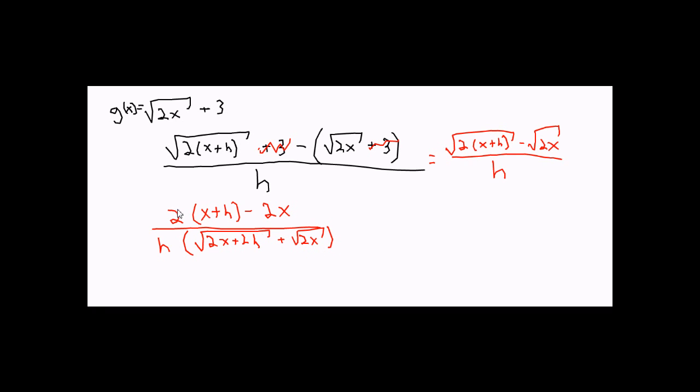And up here, 2x plus 2h minus 2x, the 2x's are going to go away. So really we're left with 2h over h times these square roots, and that's when the h's cancel. So the final answer is 2 over the square root of 2x plus 2h plus the square root of 2x.